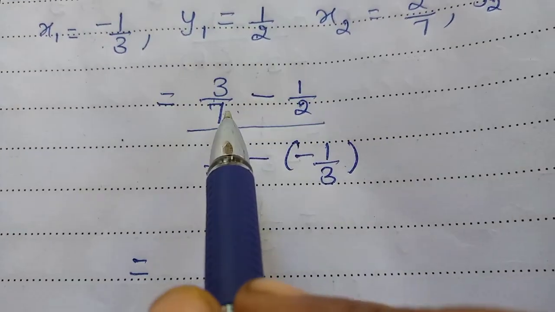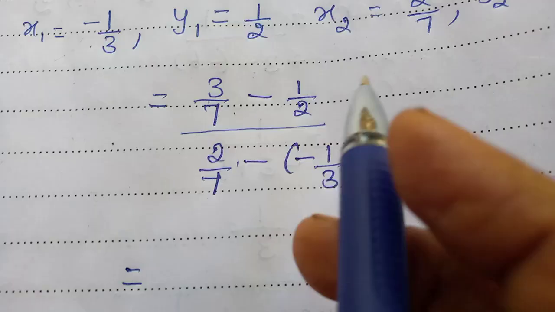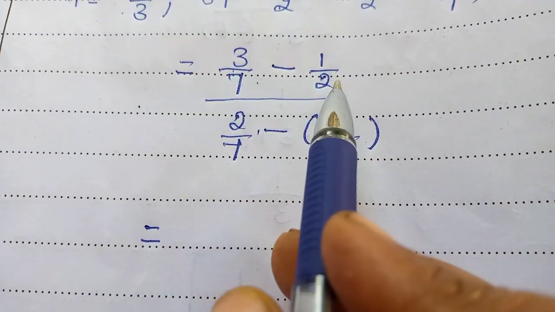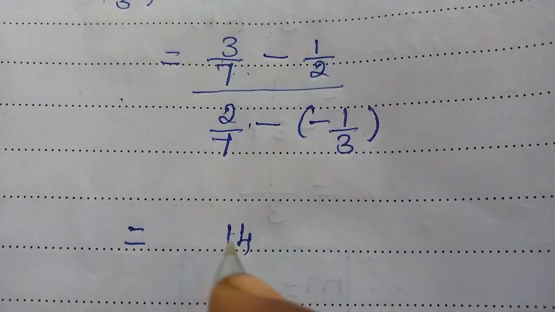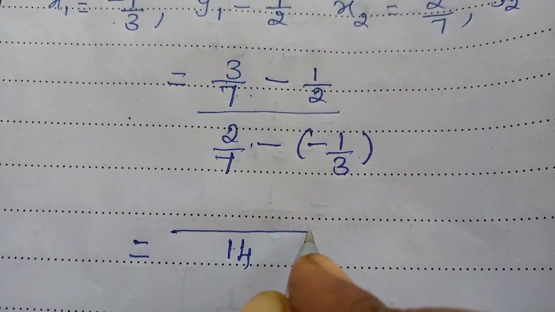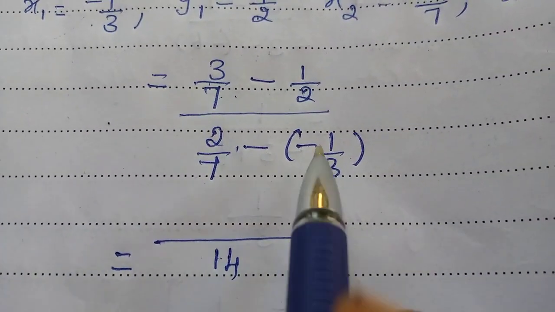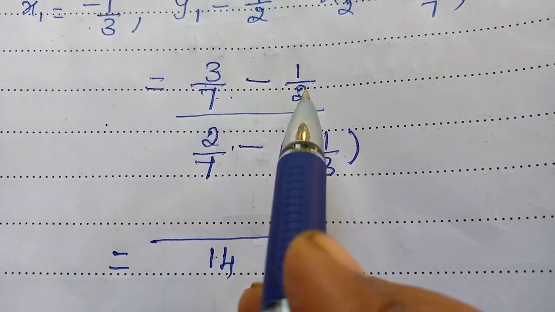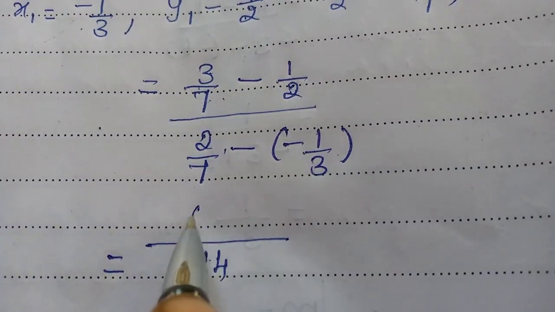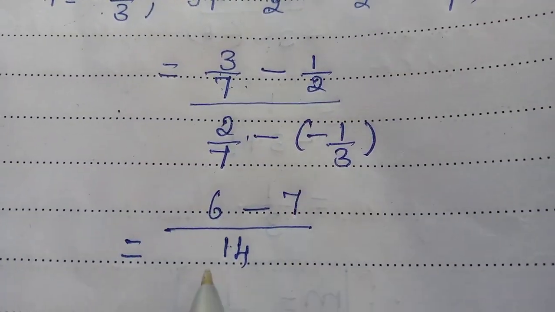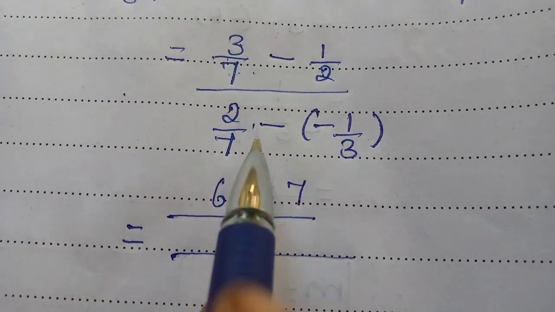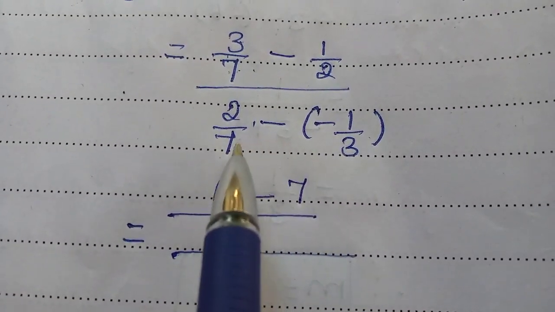So we have to take the LCM. What is the LCM of 7 and 2? We know that the LCM of 7 and 2 is 14. 2 3s are 6, is it? 6 minus 7 1 is 7, divided by, let's go to the denominator values.